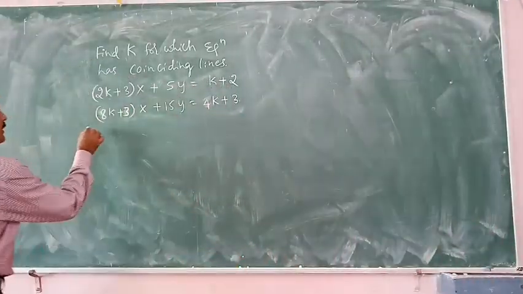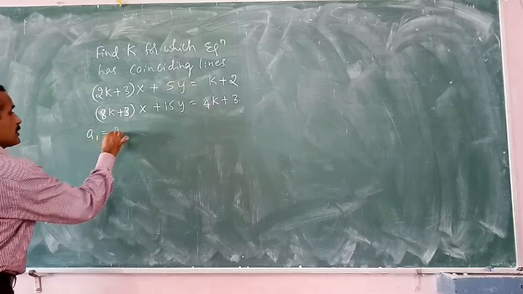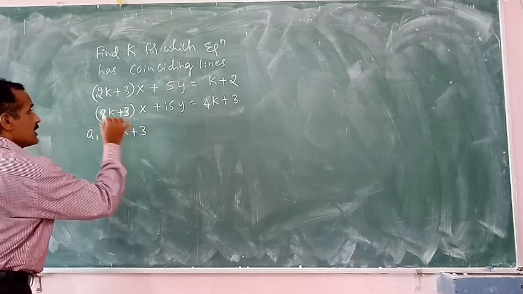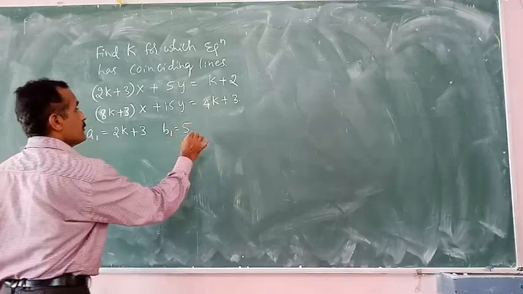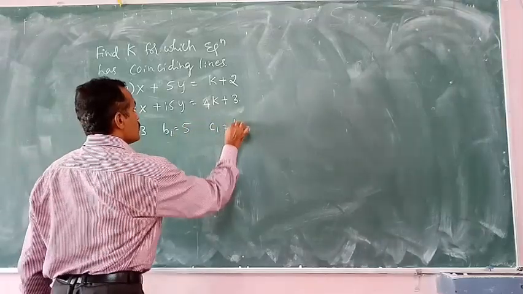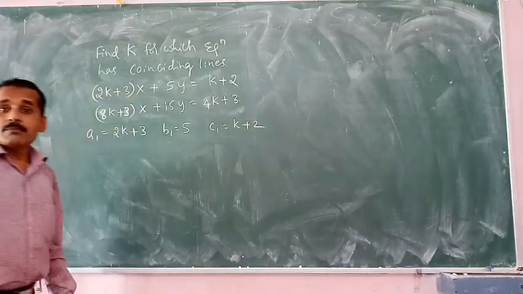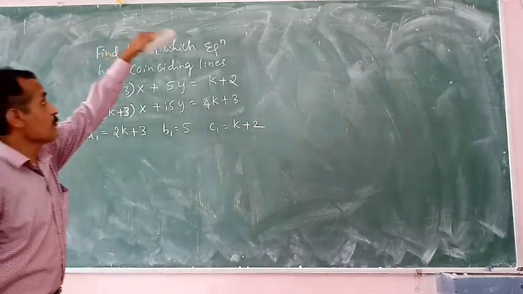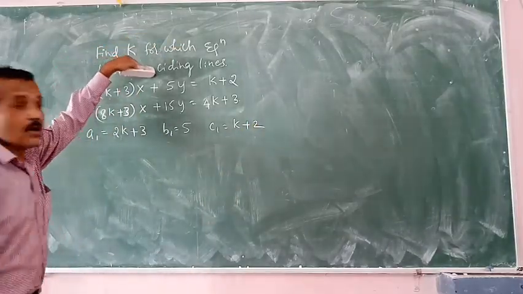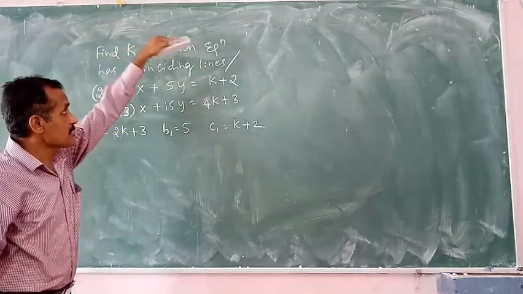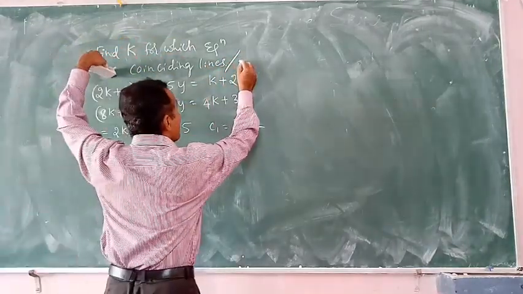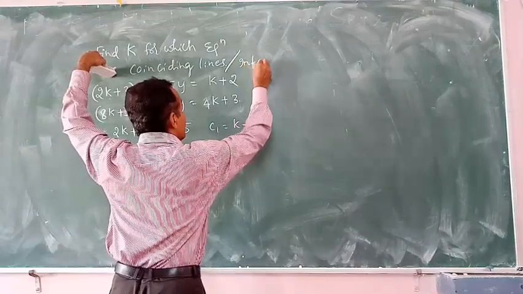As usual, a1 is equal to 2k plus 3, b1 is equal to 5, c1 is equal to k plus 2. My dear children, listen here. Find the value of k for which the equation has coinciding lines, or I can change the question like this: find the value of k for the system of equations which has infinitely many solutions.